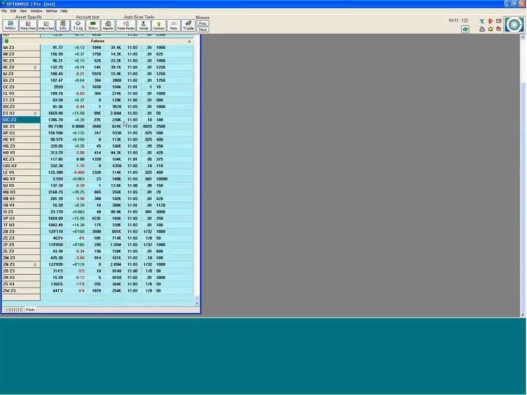What I've got here is a listing of approximately 38 futures markets. The symbols are shown here on the left. And what I thought I would do is start off by looking at the gold market. Symbol GC and Z3 represents the December of 2013 futures contract.